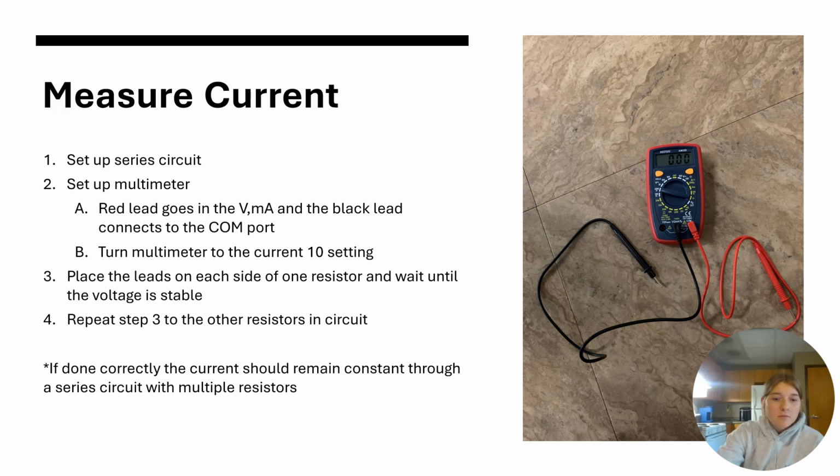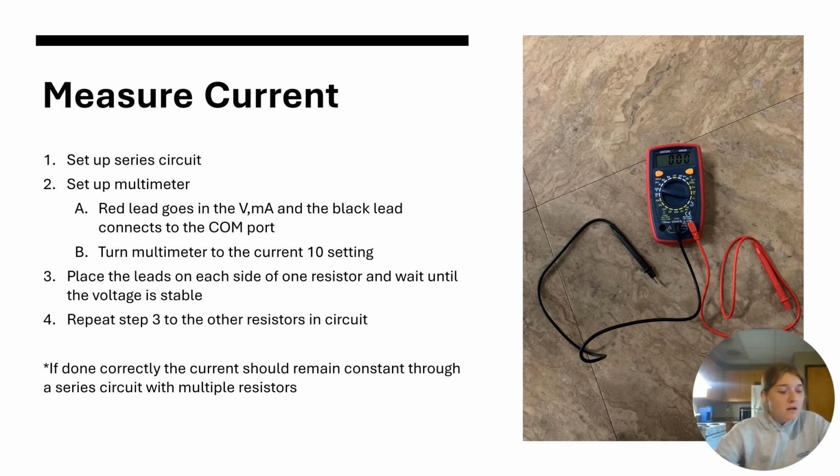Then we're going to do the same process again to measure current, but we have to change the multimeter settings. We're going to do a similar process to voltage, however, we're going to measure current. We have to set up the multimeter so that the dial is now on the current side. So I moved my multimeter dial to the right, which measures current, and then I placed that on 10.